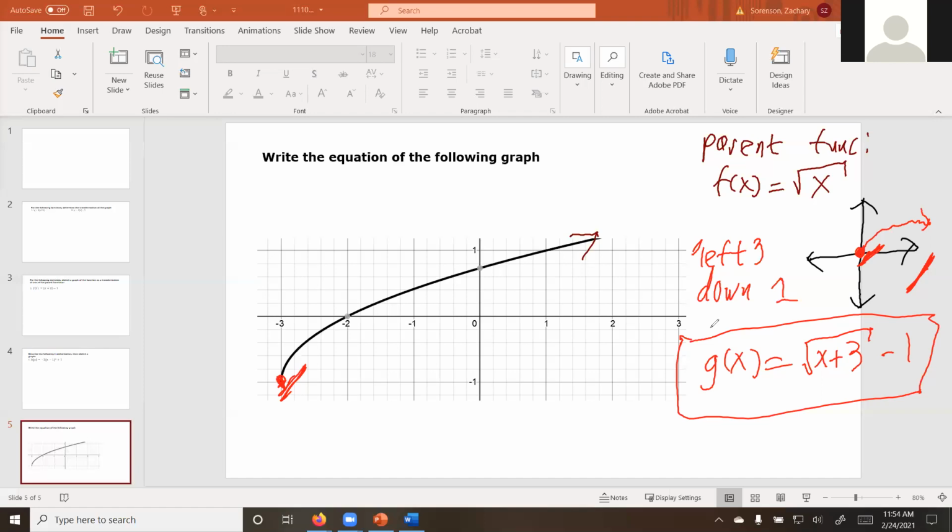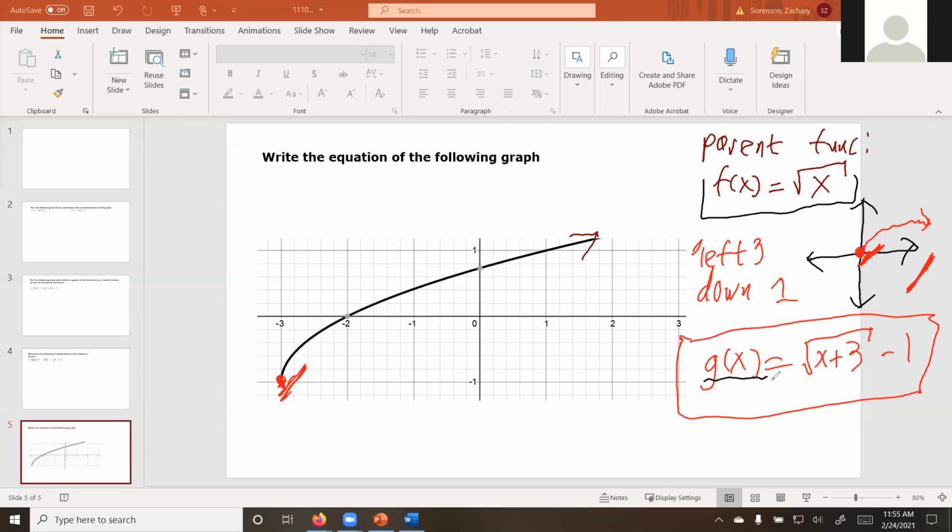So James asked, why is it G? Great question, and this is me just kind of being very careful with my notation. When I'm writing up mathematical equations, and I said right here, my parent function is this, I'm not really allowed to use that f of x unless it's the exact same thing. So all I did here was say, okay, well, I know my parent function is f of x.